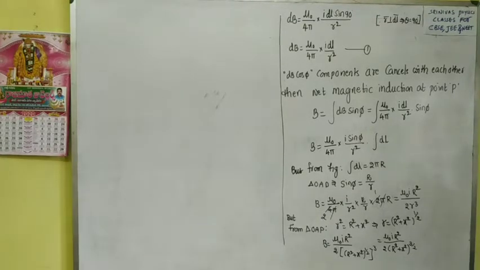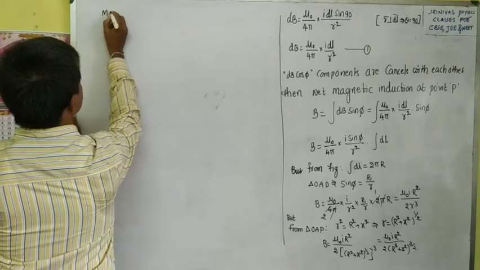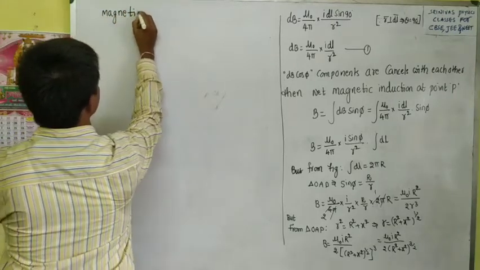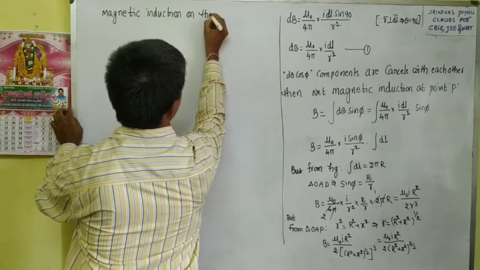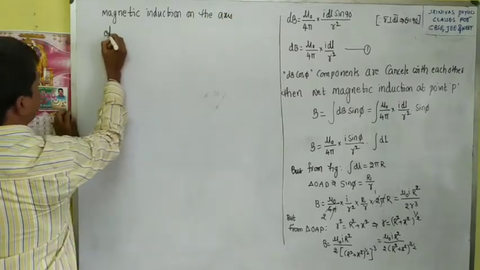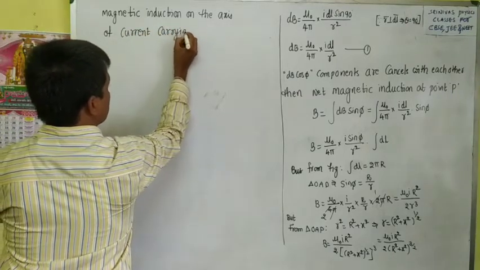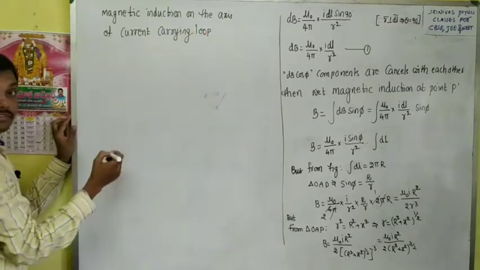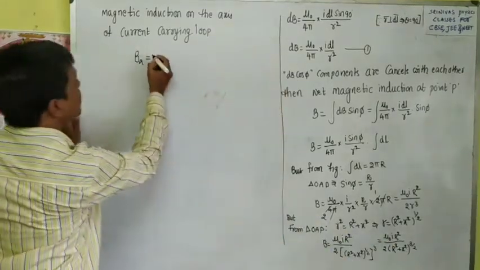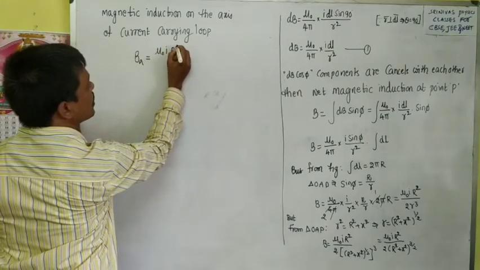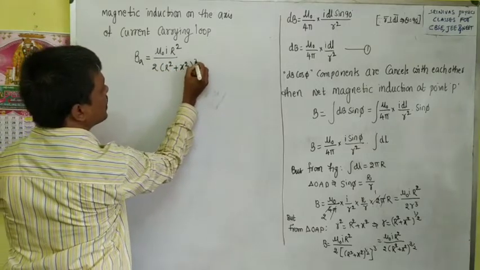Okay, let us continue now. That is the final formula you got, the magnetic induction on the axis of a current carrying loop, which we take as B suffix A. Here we got mu naught I R square by 2 of R square plus x square whole power 3 by 2.